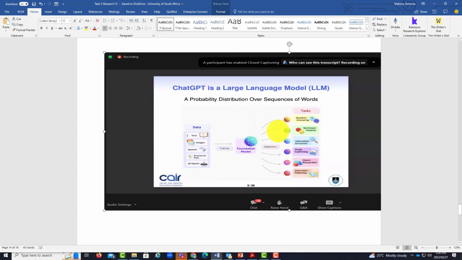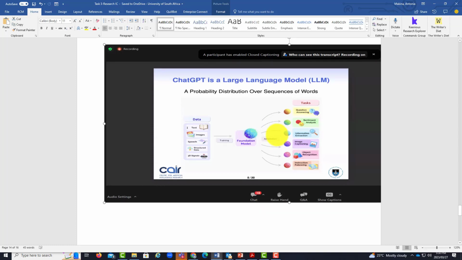So using this, the applications that are the tools of artificial intelligence, you can actually make it summarize your article for you. You can make it read your article for you. You can tell it that you want only this from your article and it will give you.